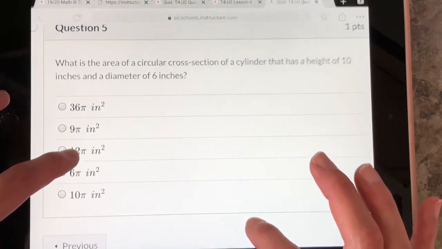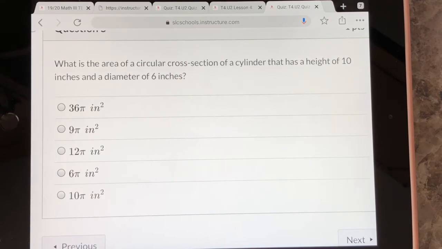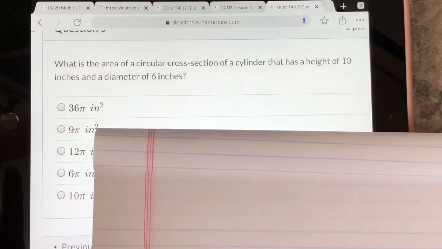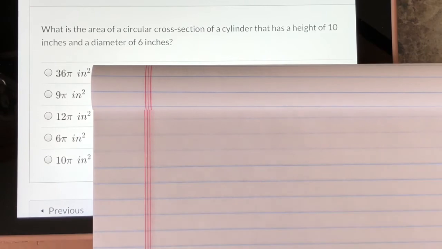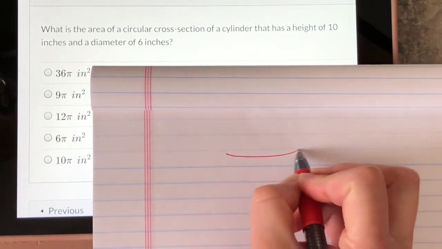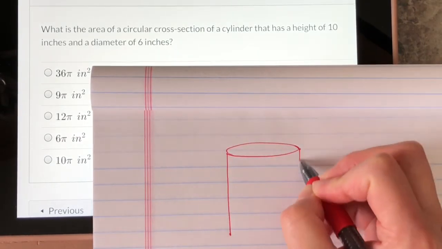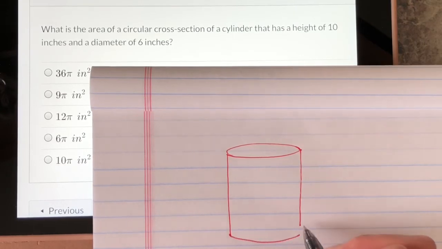What is the area of a circular cross-section of a cylinder that has a height of 10 inches and a diameter of 6 inches? So let's draw our cylinder, our can of peanuts, our can of soup, our soda can.